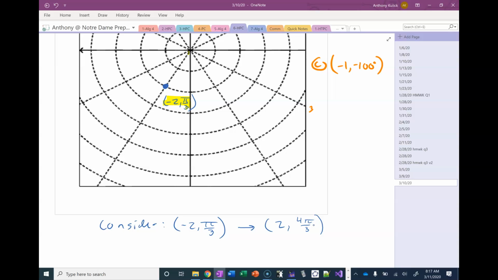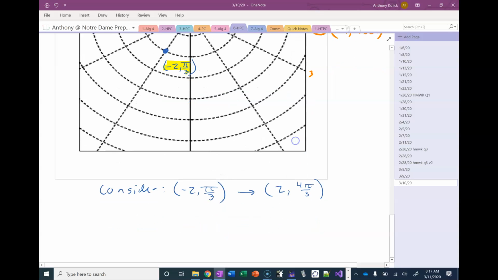What's another way? Can we do it without changing the sign on the 2?